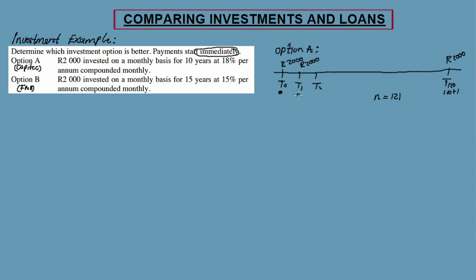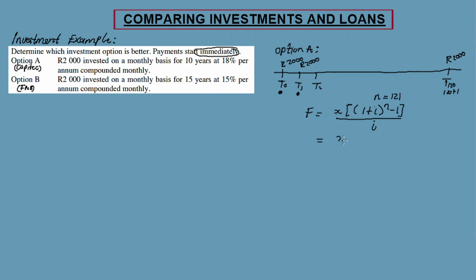If I started a month after opening the investment account, our n would be equal to 120 because I start counting from T1 all the way up to T120. But here our n is equal to 121. Future value is equal to x open bracket 1 plus i to the power n minus 1, divided by i.